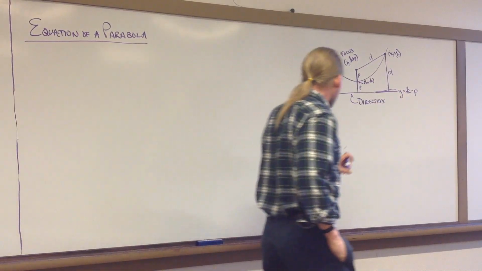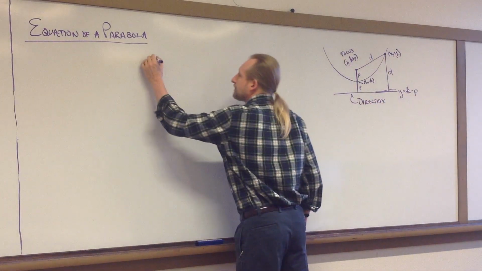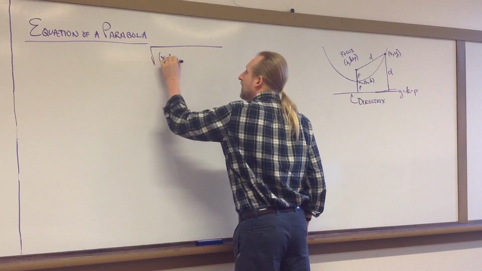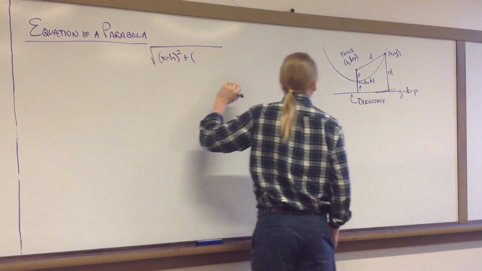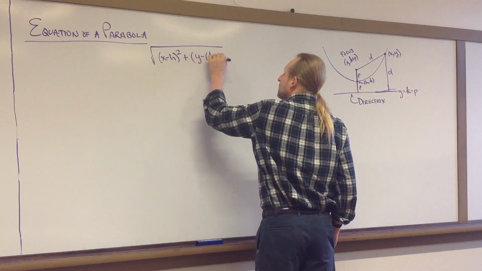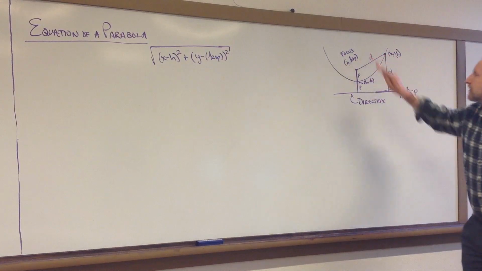Okay. The distance between these 2 points, we're going to use the distance formula. Square root of (x minus h) all squared plus (y minus (k plus p)) all squared. So there's that distance right there.